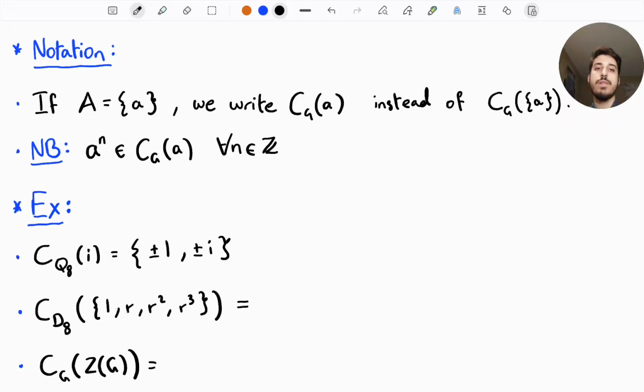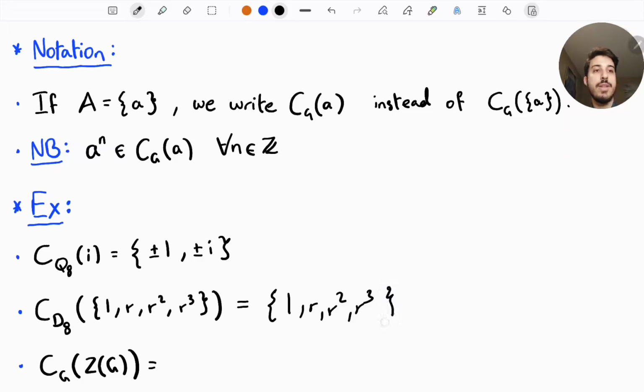What about the centralizer of the set containing 1, r, r squared, r cubed in the group D8, the dihedral group of a square? So what are the elements here that are commutative with all of the elements in this set? And these are exactly 1, r, r squared, and r cubed. There are no other elements that are commutative with all of these elements here. s, sr, sr squared, sr cubed are not commutative with these elements.